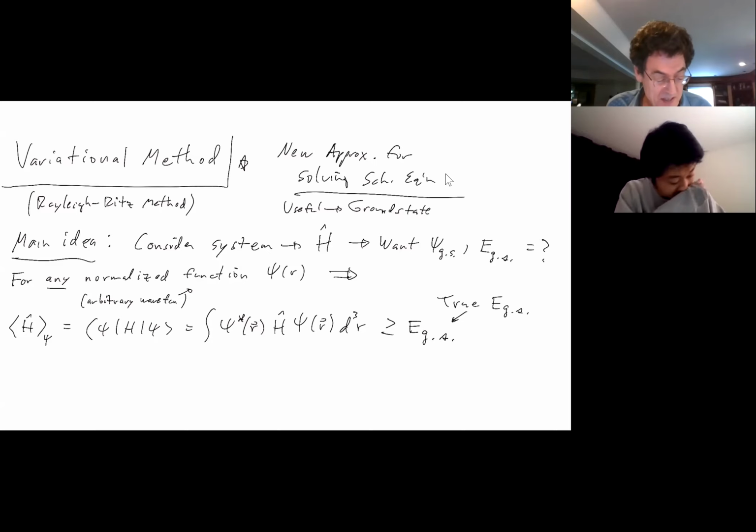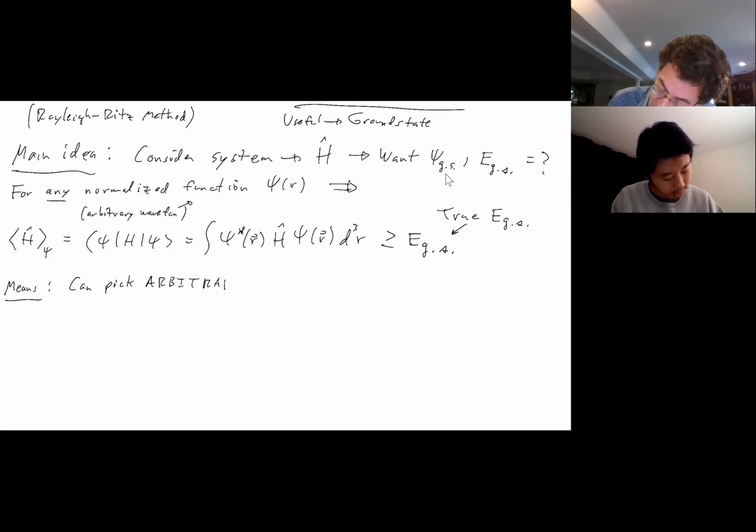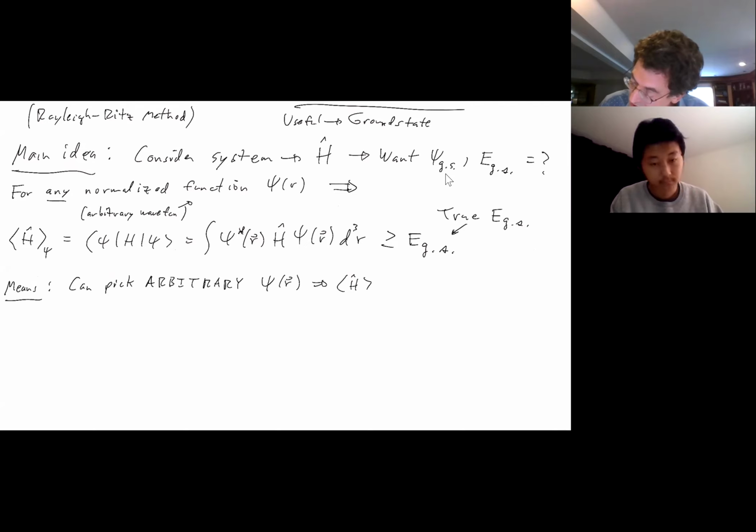So that's the principle. What this means is that we can pick any wave function we want, an arbitrary wave function, and then the expectation value of the Hamiltonian for that wave function gives us an upper bound on the ground state energy.